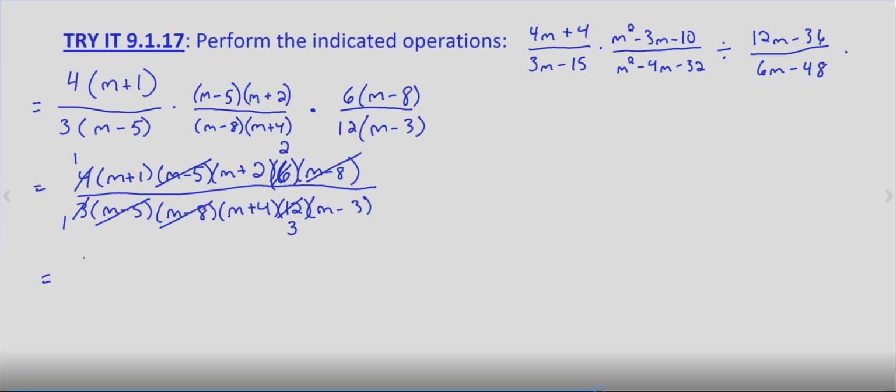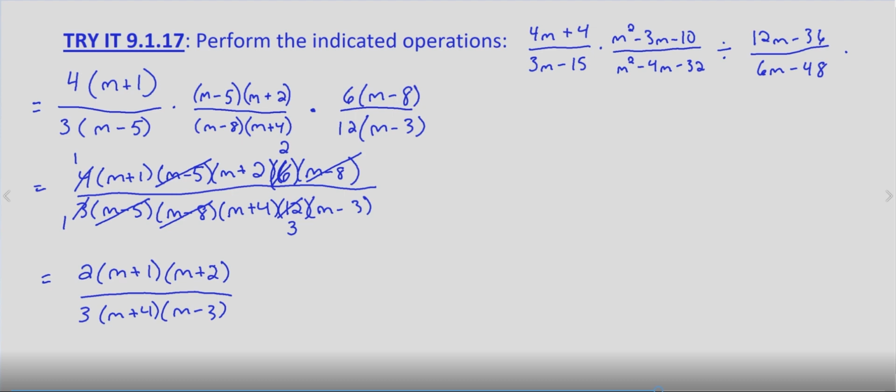And we're left with, let's bring the constants out front, so 2 times m plus 1 times m plus 2 over 3 times m plus 4 times m minus 3.